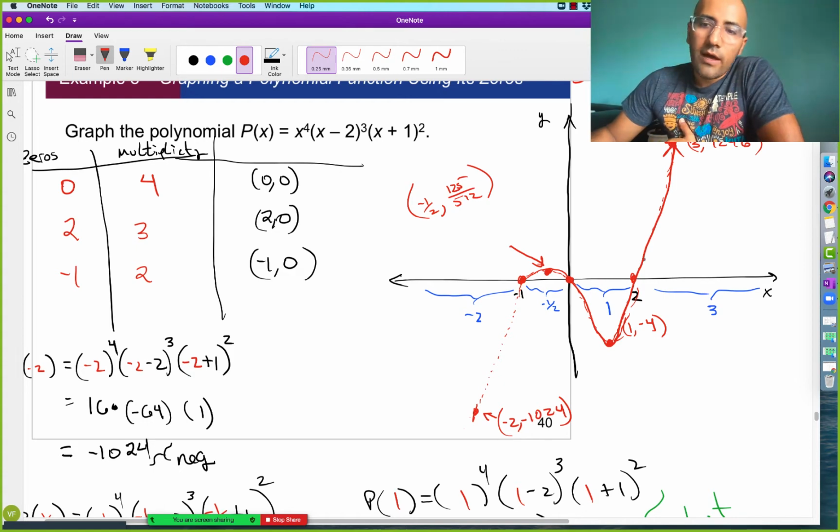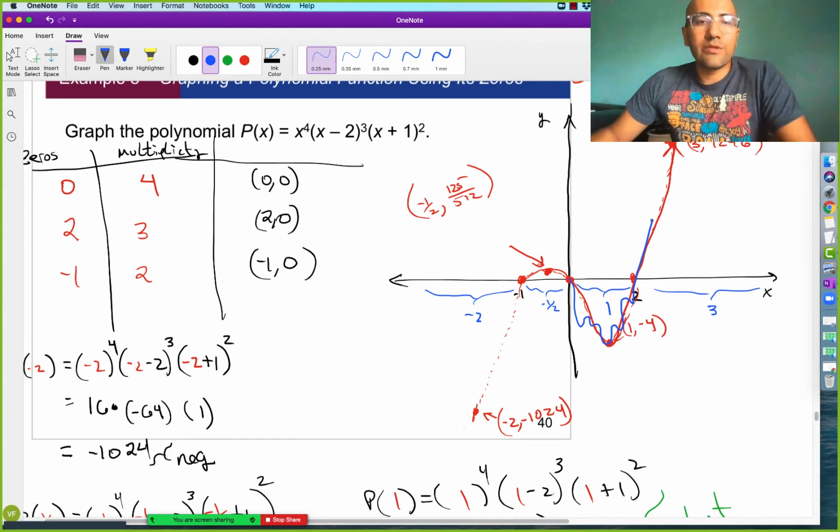You might wonder, how do I know that it does just this little thing, comes down here and goes that way? How do I know it doesn't do something like this? How do I know the graph doesn't come down, do a little bump, bump, bump, hit that guy, come back up here, wiggle, wiggle, and go that way? Well, we have absolutely no evidence to indicate that it does that.